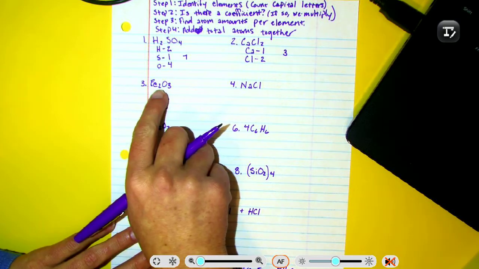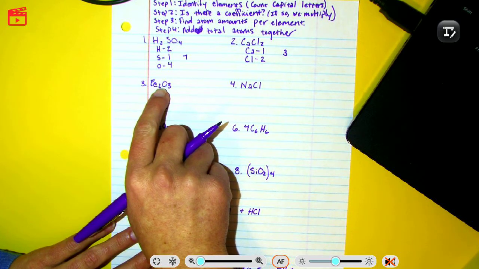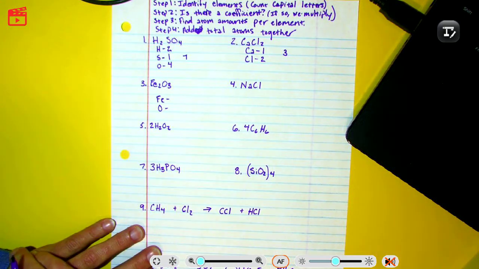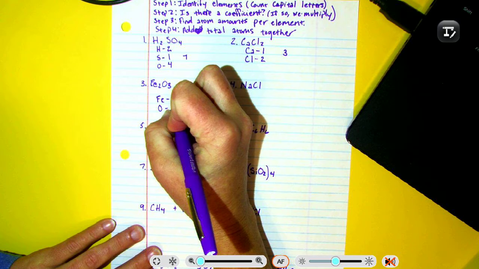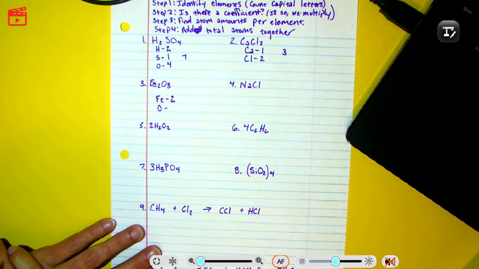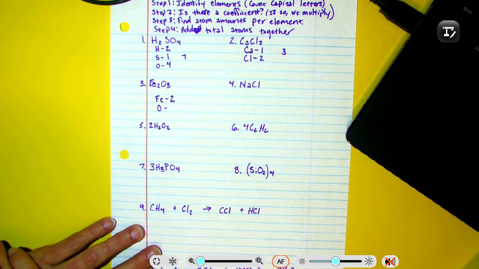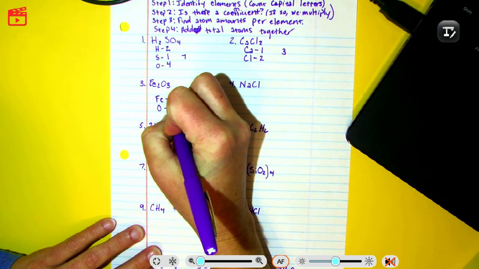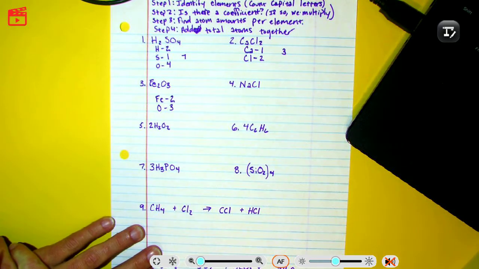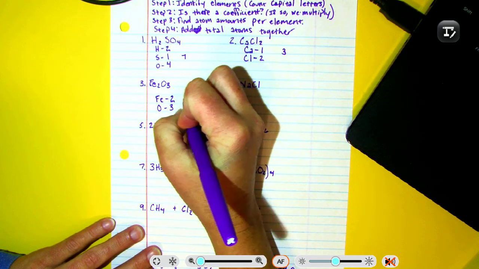So Fe has a 2 subscript, no coefficient, so we're going to have 2 iron atoms. Oxygen has a subscript of 3 with no coefficient, so we are going to have 3 oxygen atoms. When we add all of those together, we are going to have 5 in total.